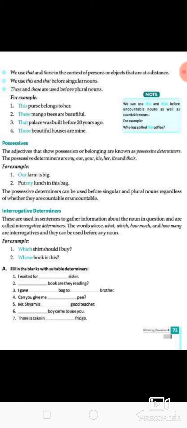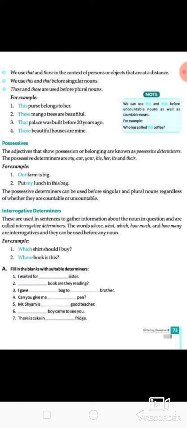Now the third is possessives. As the name suggests, the adjectives that show possession or belonging are known as possessive determiners. These possessive determiners are my, our, your, his, her, its, and their. Mind the spelling, their, there.